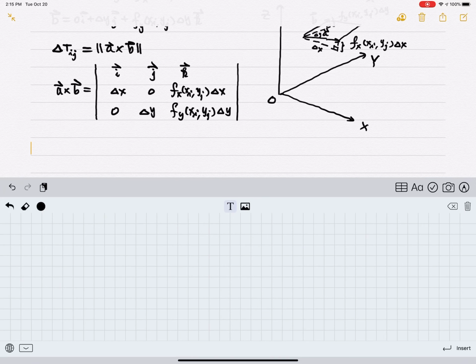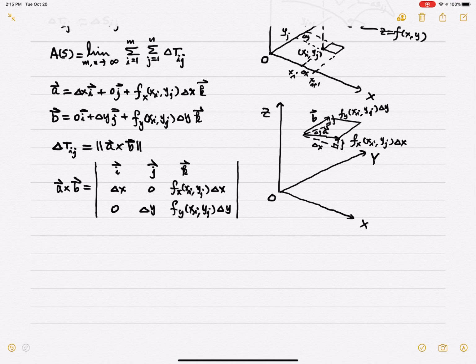This is not hard to verify. I'm not going to do the detail; you multiply out, and you're going to have negative f sub x at x_i y_j times i, minus f sub y at x_i y_j times j, plus k, with a common factor delta x delta y.